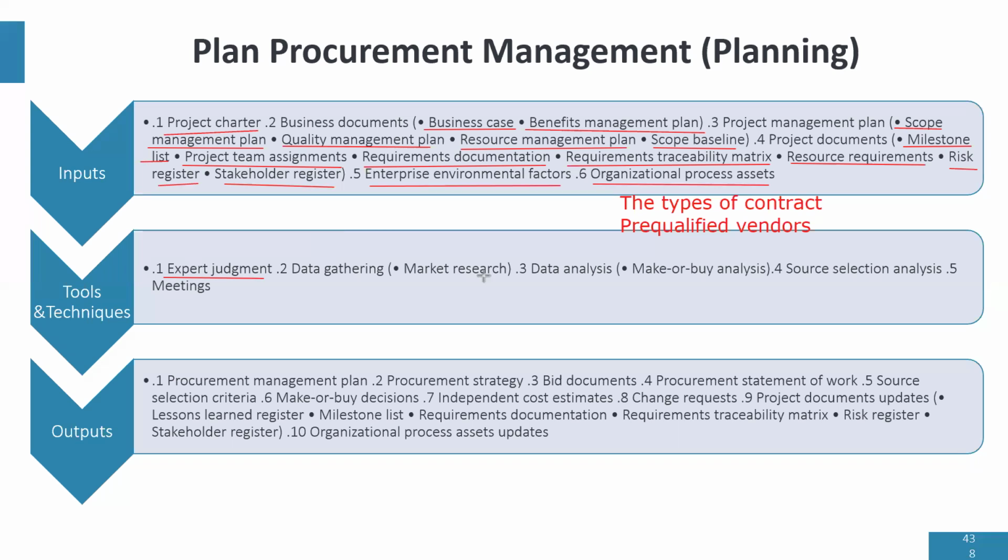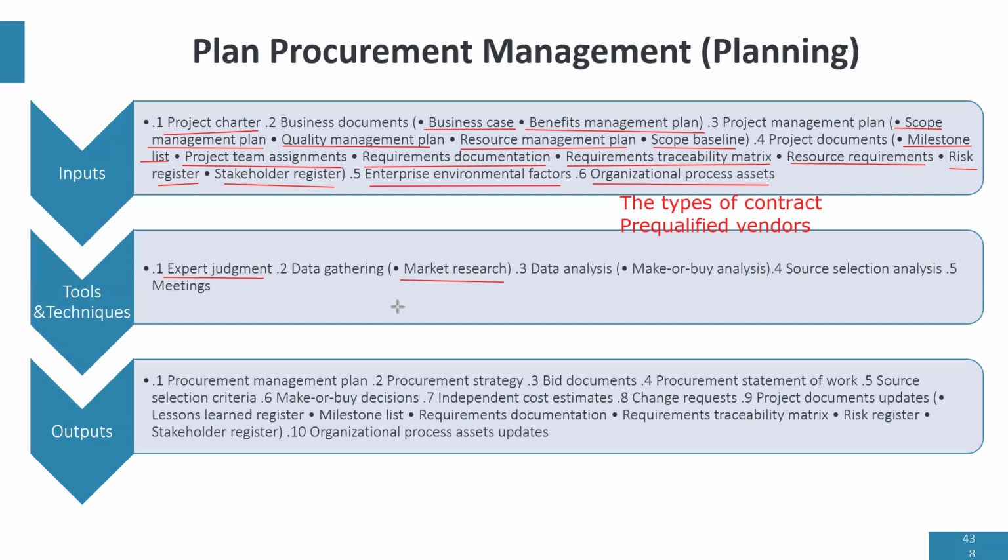Then, if you're planning procurement, you do market research. What is market research? Market research is where we research potential vendors. Think about this. Most of us wanted to take PMP and you did research. You asked a friend or you browsed online or you did some form of research.